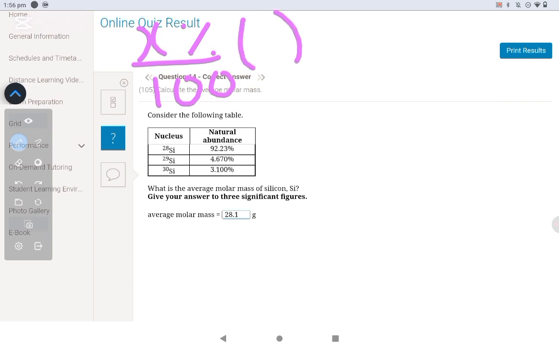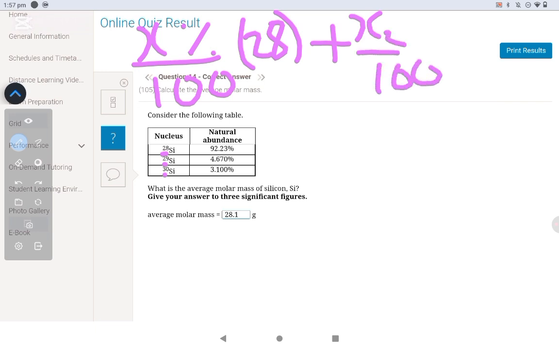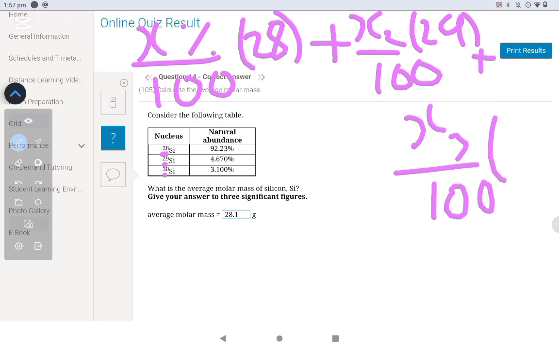Here we have silicon 28, here we have 29, here we have 30, so 28 plus the next one times 29 plus the next one times 30.